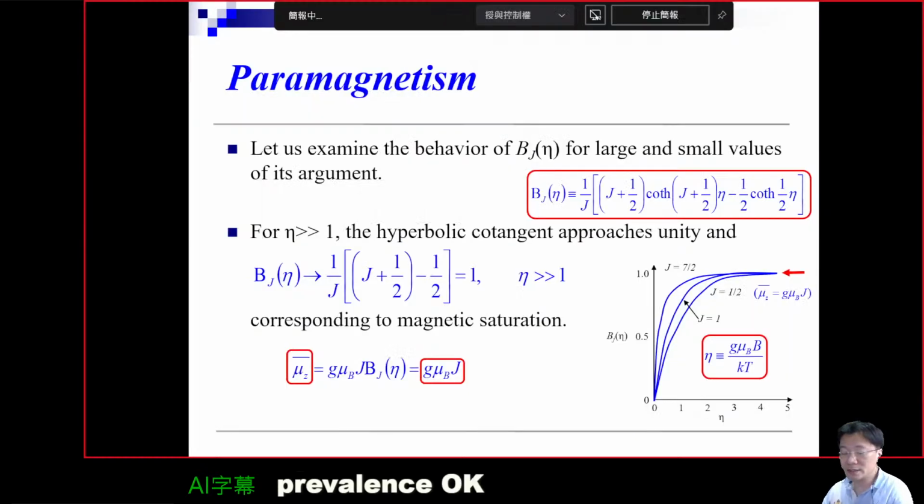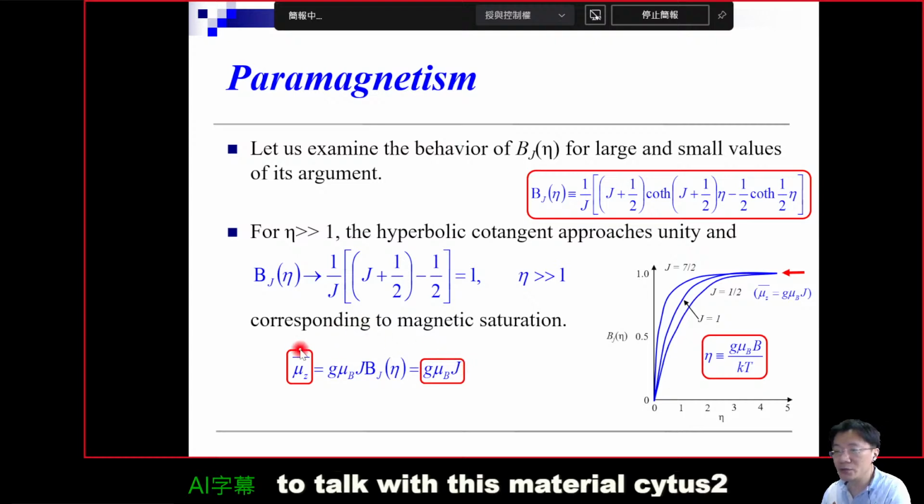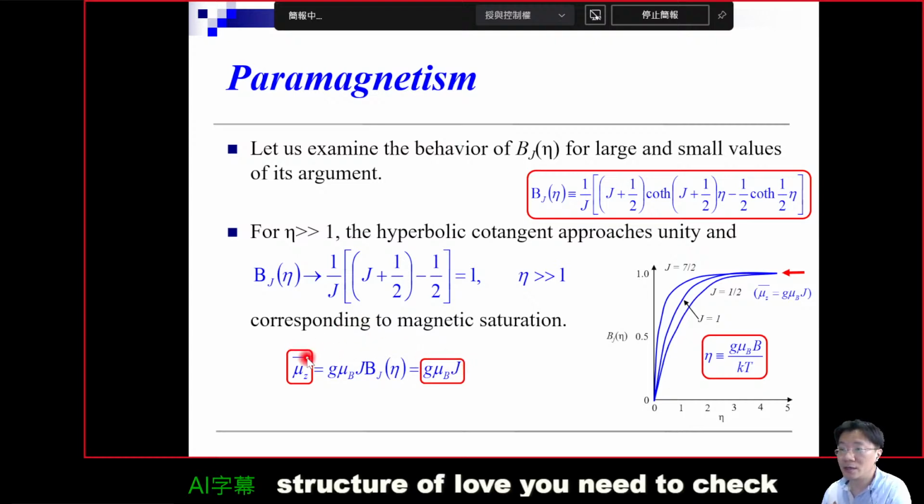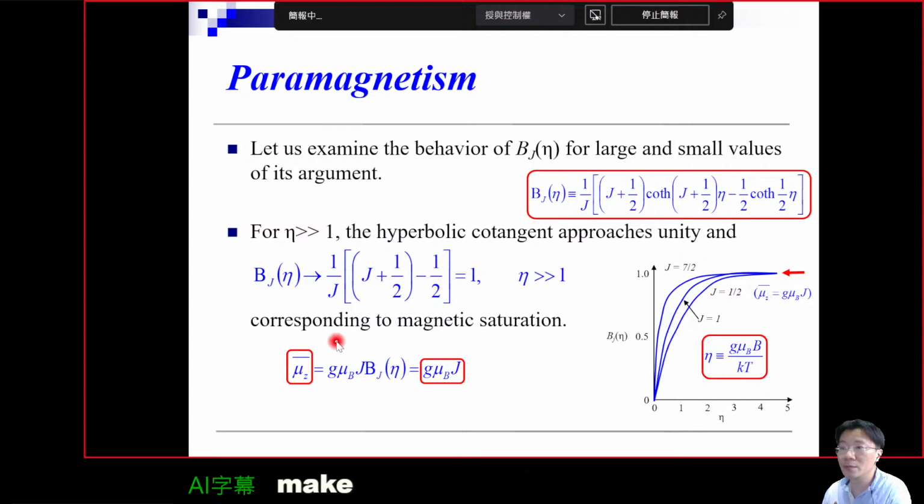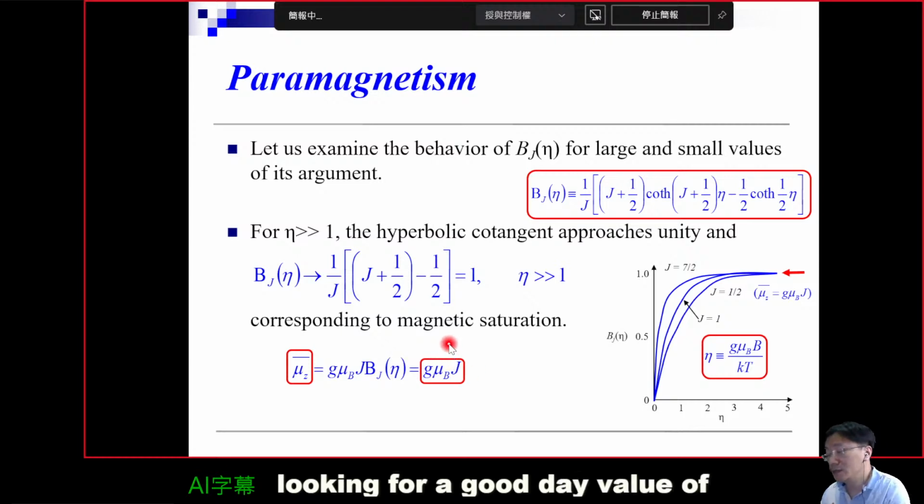Okay, so that's the explanation about the usage of these equations. Once you want to talk with a material scientist about what kind of material you need to choose to make a good magnet, you need to look for a good J value in the periodic table.